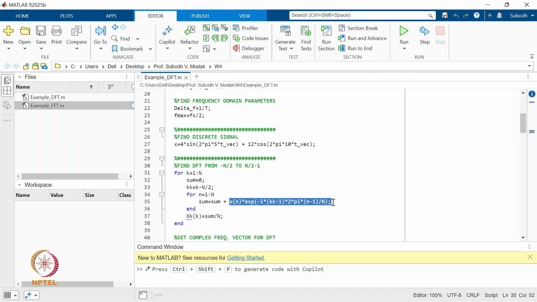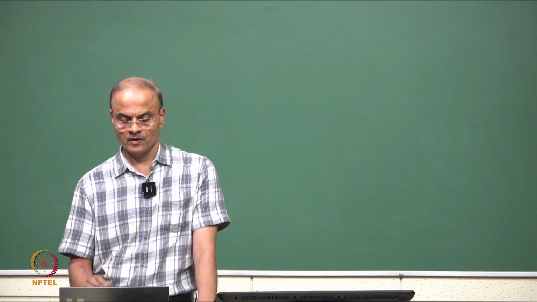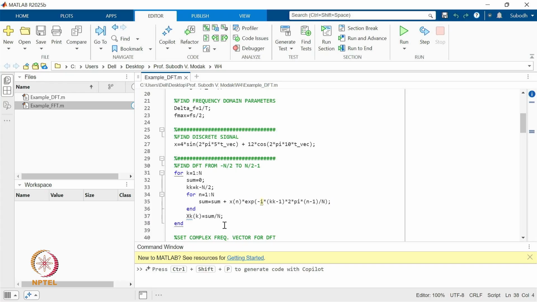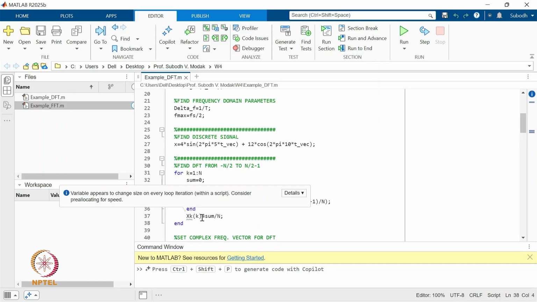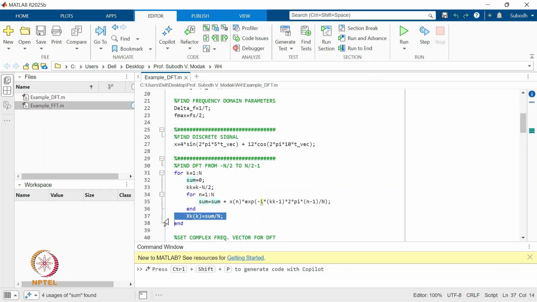So, it is going to accumulate the value of this expression in the variable sum. At the end we have to divide it by N as per the formula. Once the sum is done, we divide this by N, and that becomes the magnitude of the kth frequency component. So, this completes the DFT program.